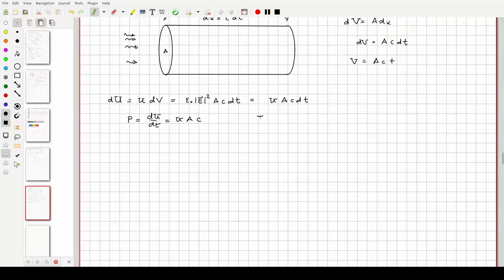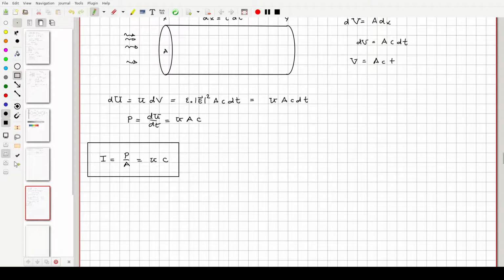The intensity would be power over area, or just u times c. There you go. That is the intensity of the light in relationship to the energy density.